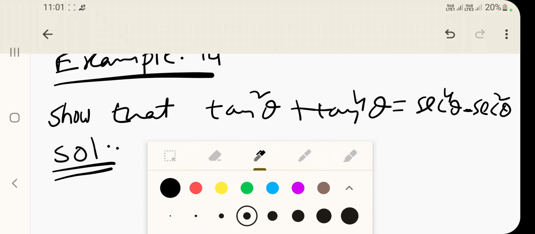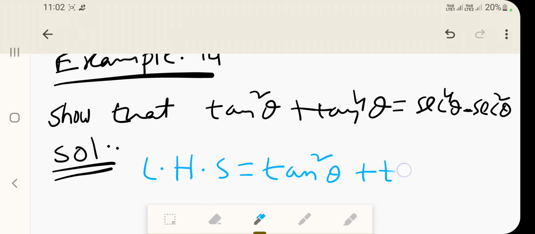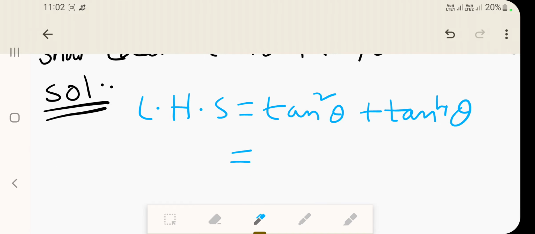So you can start here from the LHS again. LHS, what we have: tan square theta plus tan to the power of 4 theta. So you can take out tan square theta common from both.